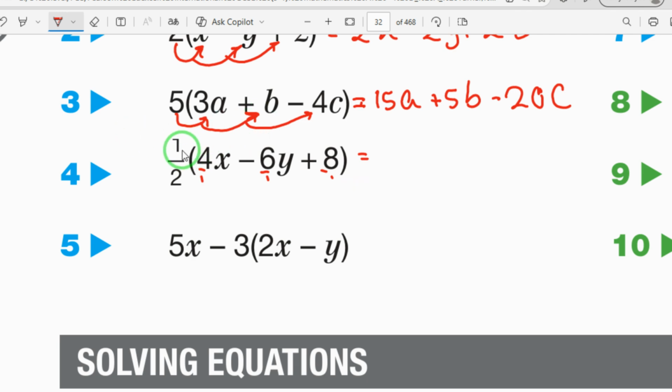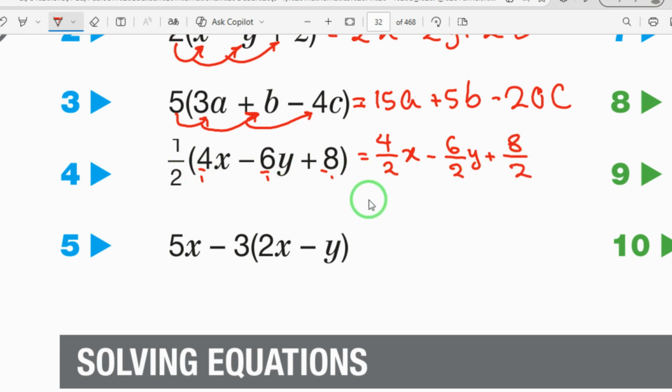So here we write 1 times of 4 is 4, and 2 times of 1 is 2x. Then we write here negative 6 multiplied by 1, 6. 2 times of 1 is 2y, plus 8 times of 1 is 8, over 2 times of 1 is 2.